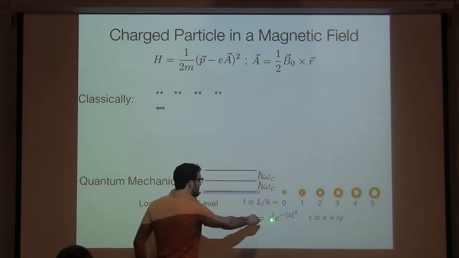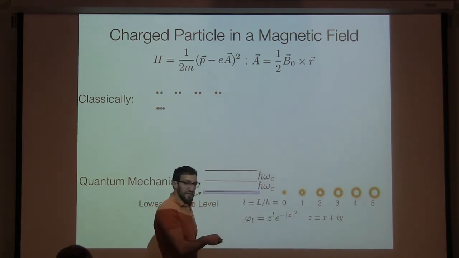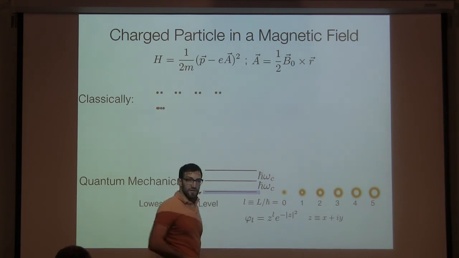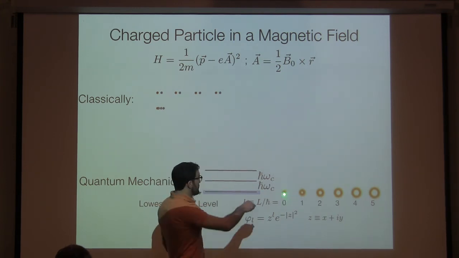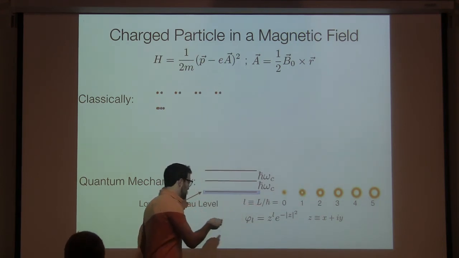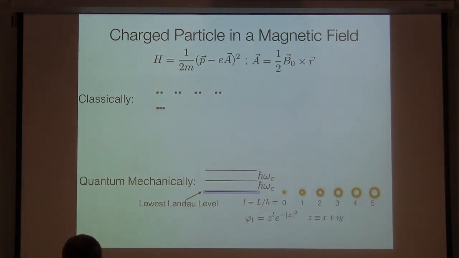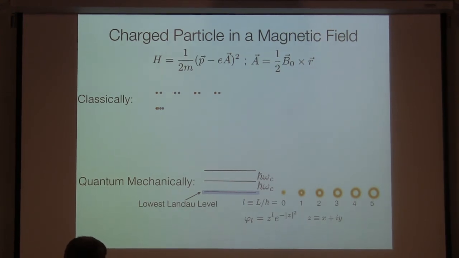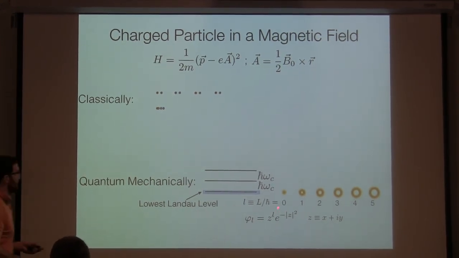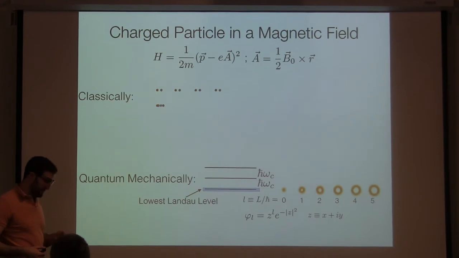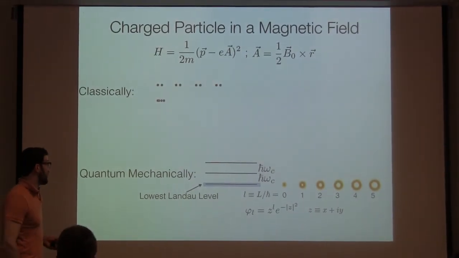So you can think of this as r to the L, e to the i L theta, times e to the minus r squared. So the amount of phase I get going around a ring with angular momentum L is 2 pi times L. Okay, so why is this important?